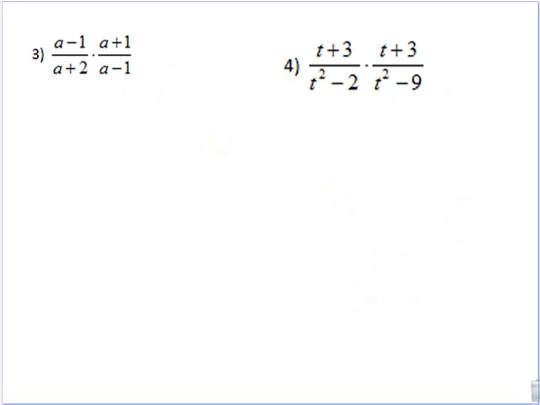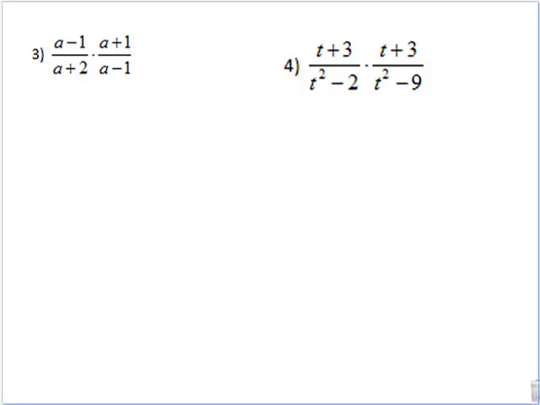All right, let's look at this one, number 3. A minus 1 over a plus 2 times a plus 1 over a minus 1. Does everything already look like it's factored? Yeah, okay, so now we want to look, can we cancel anything from the numerators to the denominators?